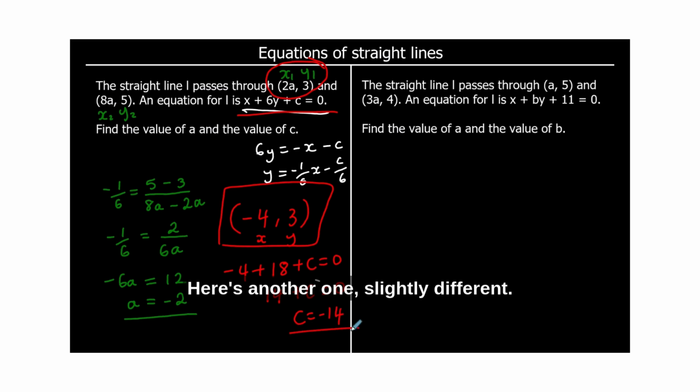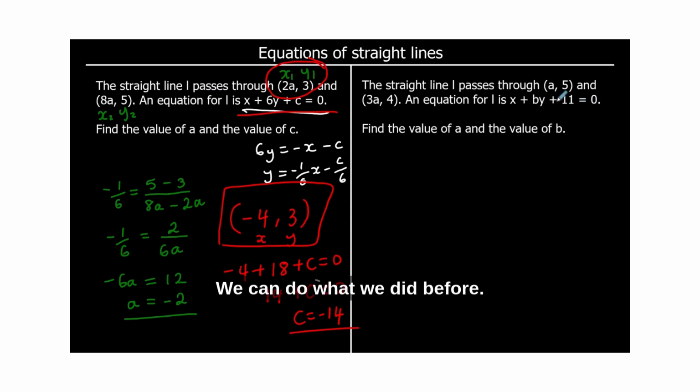Here's another one, slightly different. You can pause the video and give it a go. So this time we've got the coordinates a, 5 and 3a, 4. The equation of the line is x plus by plus 11 equals 0. We need to find the value of a and the value of b.